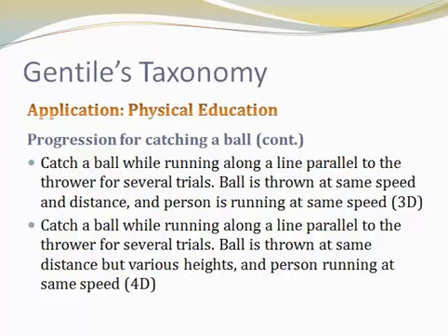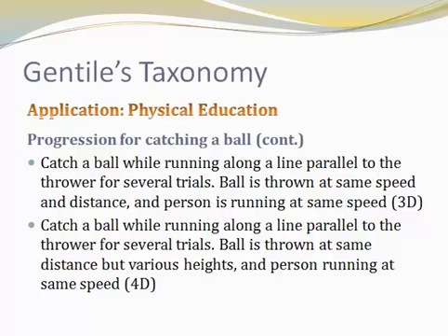The ball in this case would be thrown at the same speed and distance as it was in the previous progression steps, and the person is running at the same speed for each attempt. So we're controlling some of the other variables because we've now introduced this other source of complexity.